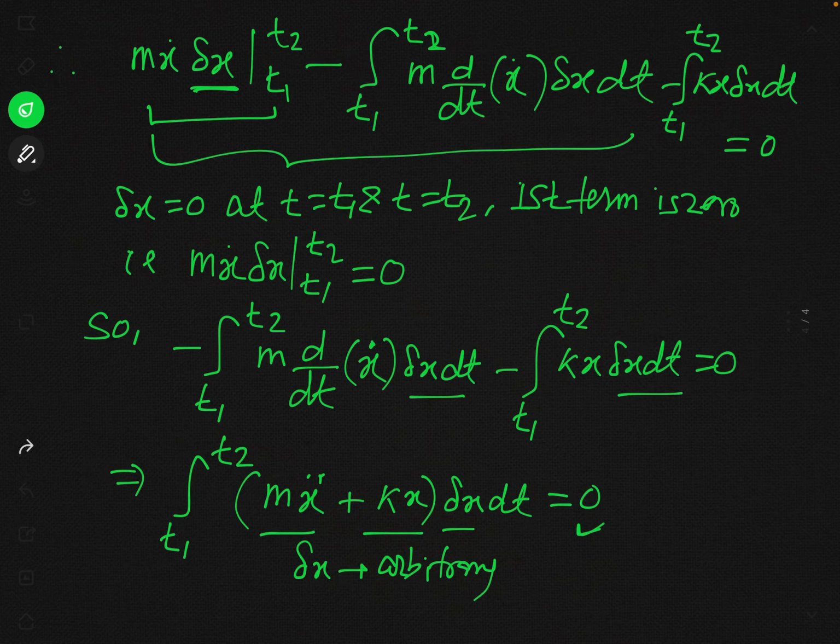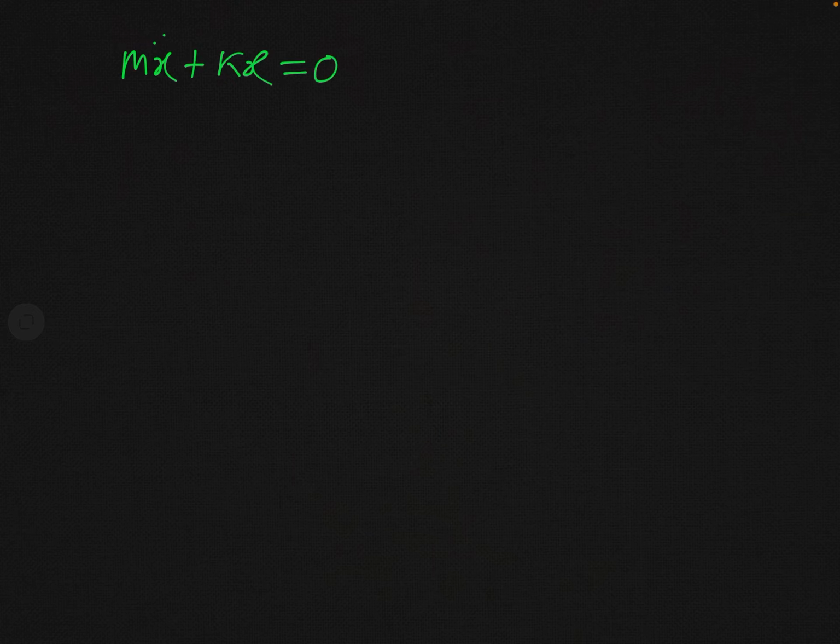So due to the arbitrariness of delta x, we can say that m x double dot plus kx is equal to 0, or you can take this m as a common factor.